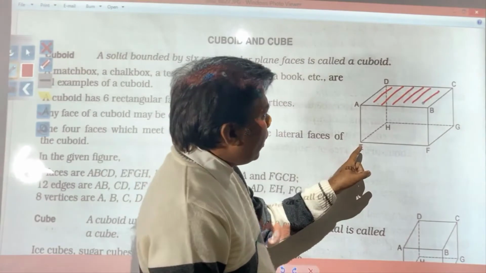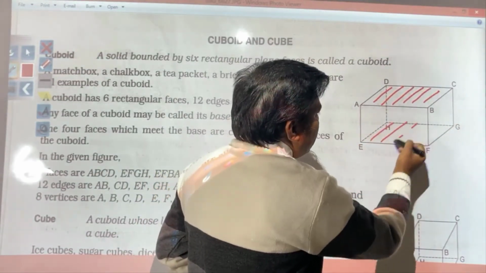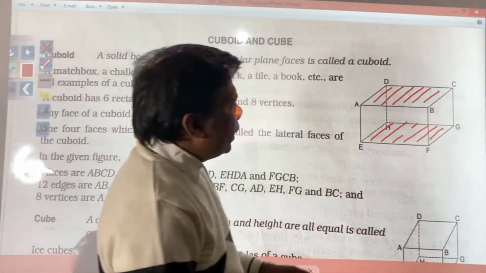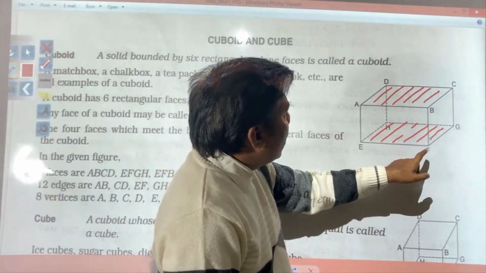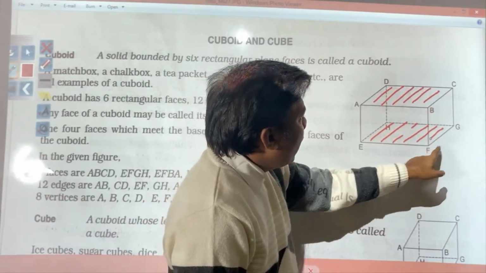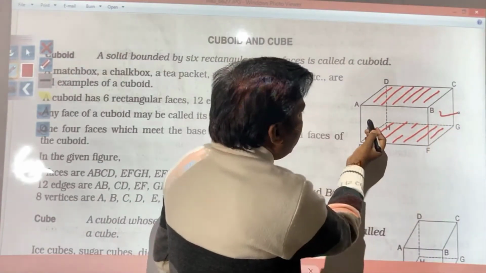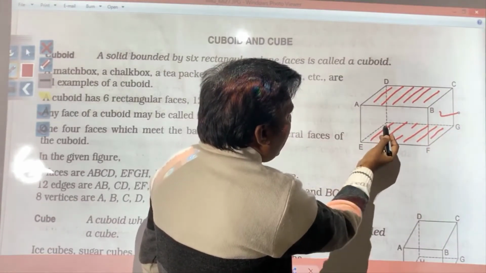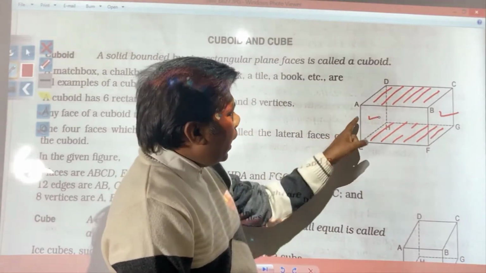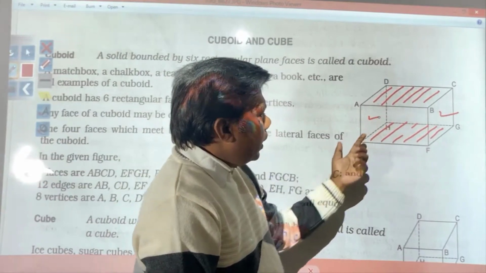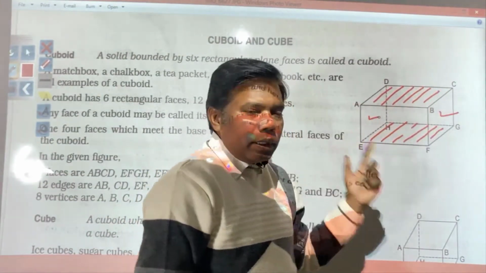Second surface you have E, F, G, H. Then here you see B, F, G, C. This is the third one. Then you have A, E, H, D. This is your fourth one. And A, E, F, B is your fifth one. And D, H, G, C is your sixth one.